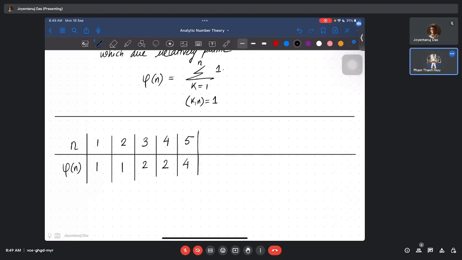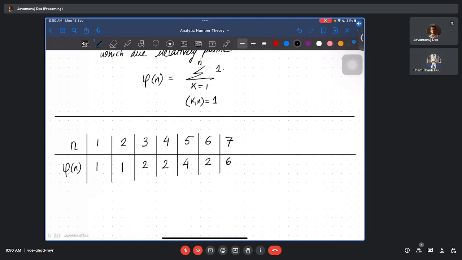For 6: 1 and 5, and not 2, not 3, not 4. Similarly, for 7 you can check that all the 6 previous numbers will work. For 8, you can check 4 of them will work.